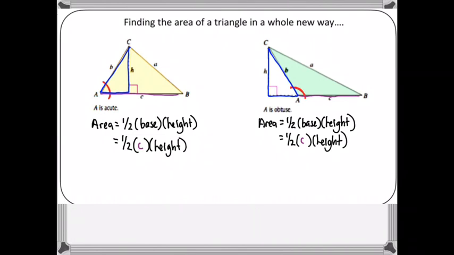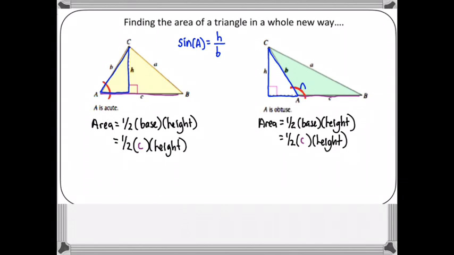So I'm going to write out that the sine of angle A equals H over B, so it'd be the opposite over the hypotenuse. Likewise, the one on the right-hand side needs a little bit of setting up.